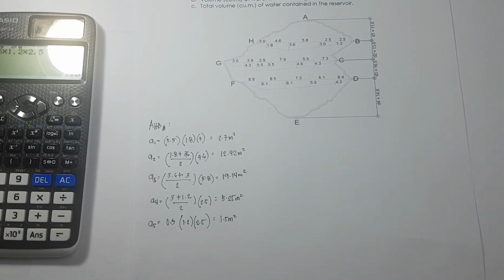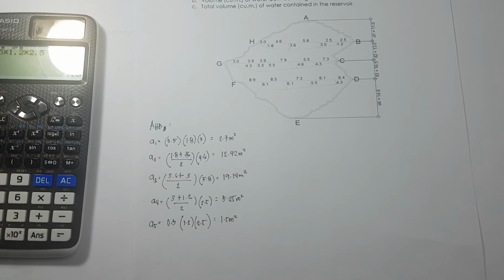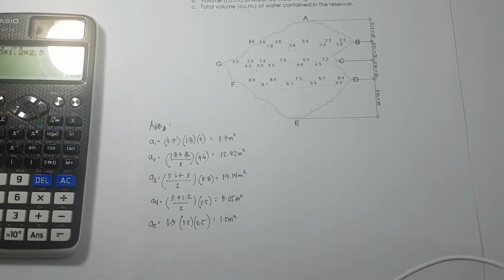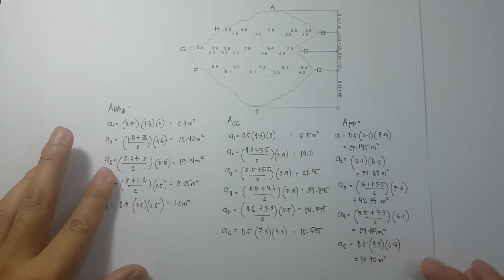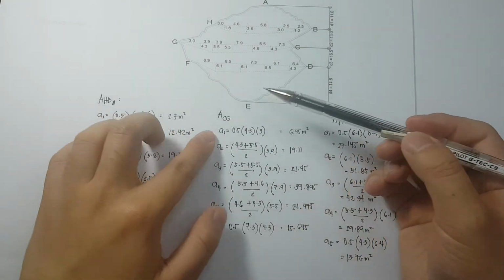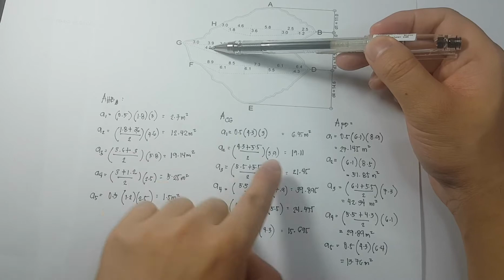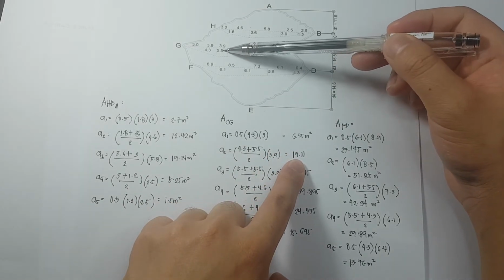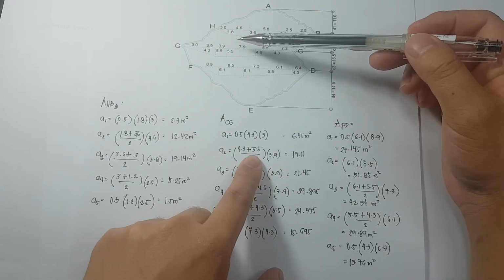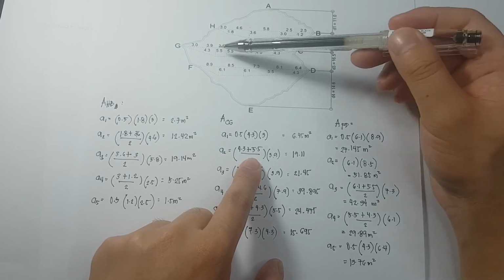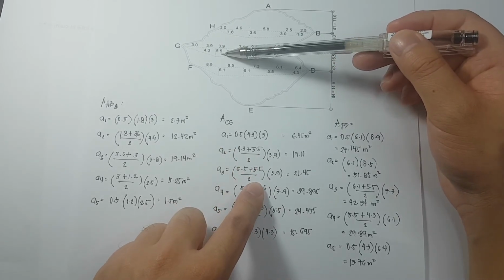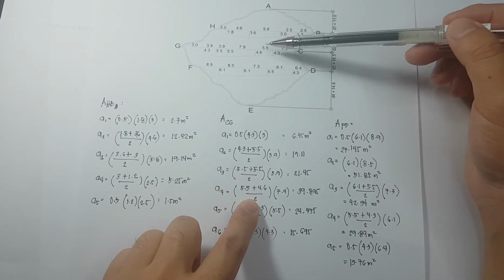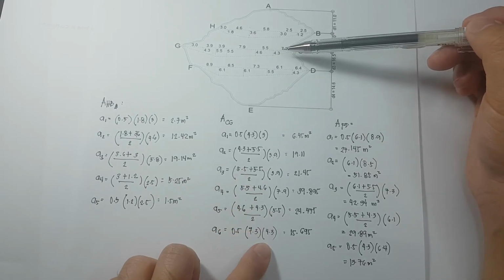Okay, so isosolve na natin para hindi masyadong consuming sa time. Okay, so ito na siya. The area for CG, so you have here triangle, trapezoid, square, trapezoid, trapezoid, triangle.